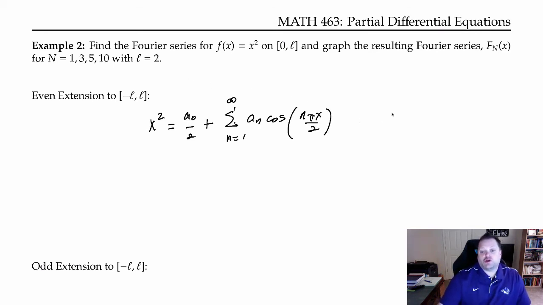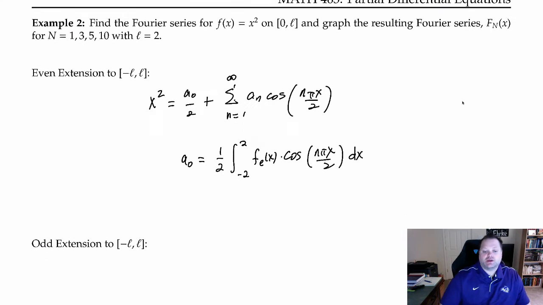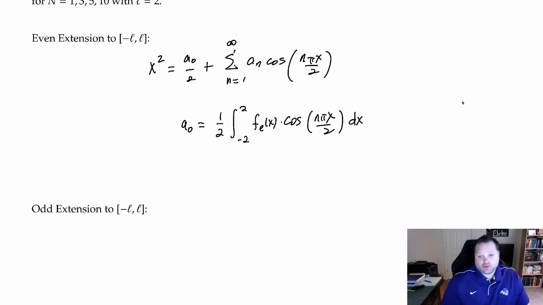And we're not even going to worry about the sine because we know the even extension isn't going to involve any of the sine terms. And this is where the a naughts are going to be 1 over 2 integral from -2 to 2 of the even extension times cosine n pi x over 2 dx. All right, so that's the formula that we should be using in Maple here in just a little bit.